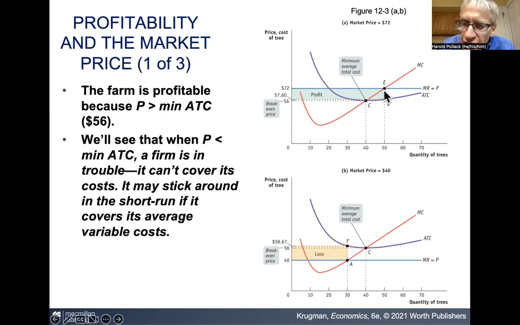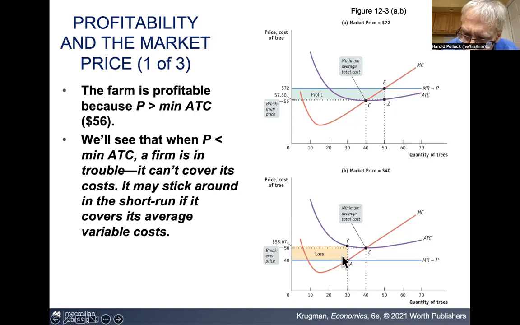So this distance here is kind of its markup per unit sold, and this is the number of units that it's selling. So this rectangle here is its profit. So if the market price is above your average total cost curve, you're making money. And the amount of money you make is that rectangle.